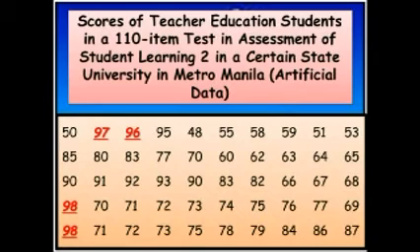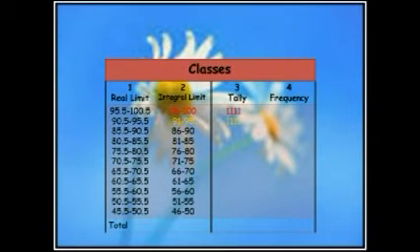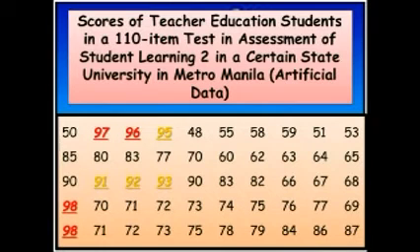Next, let's find the students who got a score of 91 to 95. How many students got a score of 91 to 95? Correct. There are 4 students who got scores of 91, 92, 93, and 95.